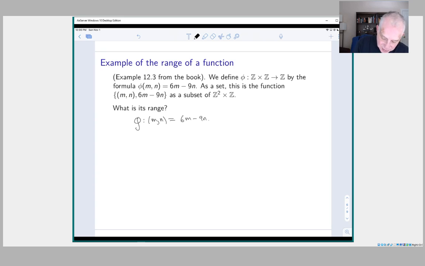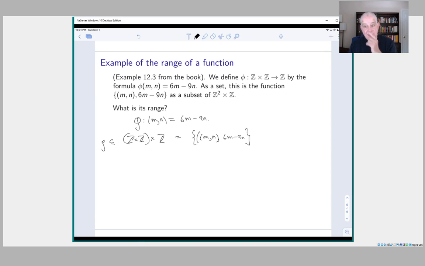So in our fancy new notation, phi is actually a subset of Z² cross Z, consisting of all pairs (m, n), that's a pair, and then the value 6m minus 9n. And the range is which values are possible. As m and n run over Z², which values of 6m minus 9n are possible?